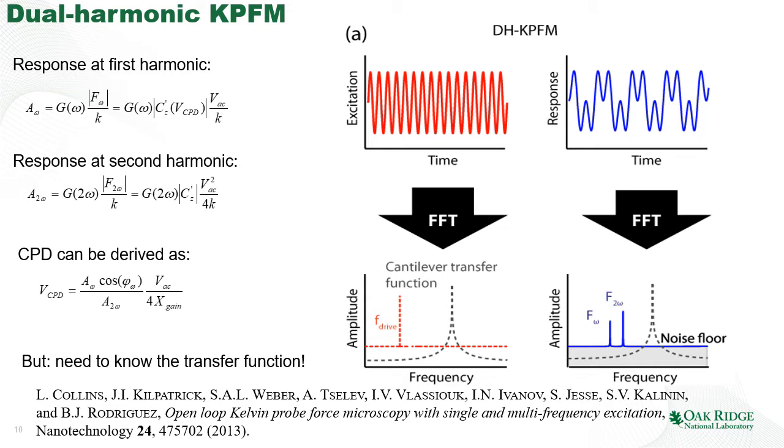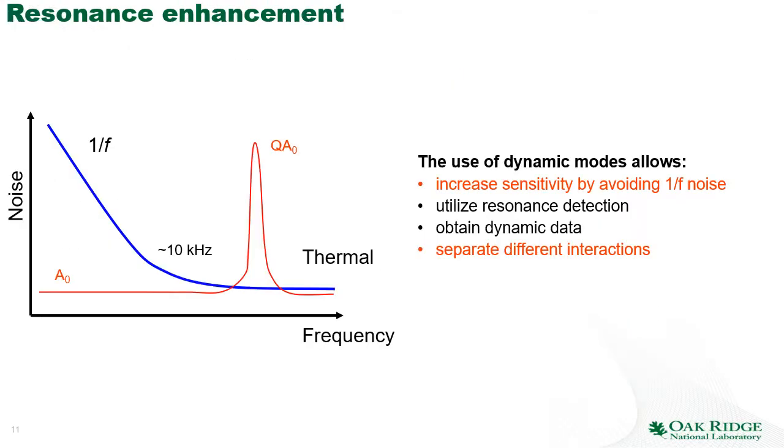So if we know the function g of omega, meaning that for each excitation frequency we know both the response at this frequency and the transfer function at double the frequency, then we can compensate for the transfer function and basically get the expression for the VCPD directly by dividing the response at the second harmonic with the response at the first harmonic. So this approach was proposed by the Japanese group, and it actually works remarkably well. Question is, can we do it close to the resonance? And the answer is not really, because close to the resonance, transfer function of the cantilever starts to change.